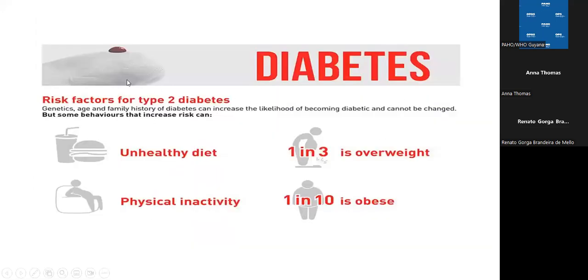And we know the most important risk factors for type 2 diabetes, which are unhealthy diet and physical inactivity. 1 in 3 diabetic patients is overweight, and 1 in 10 is obese. So this is a major problem that must be properly addressed.